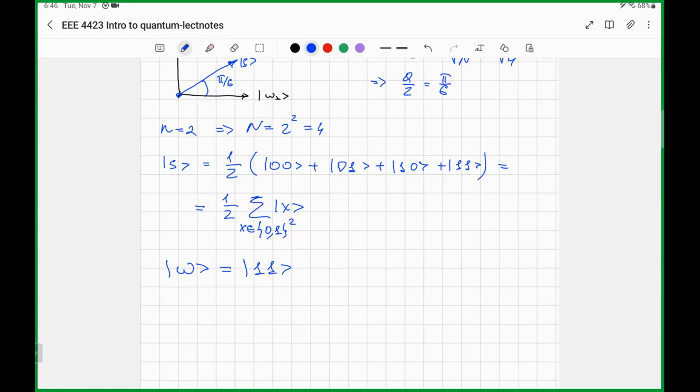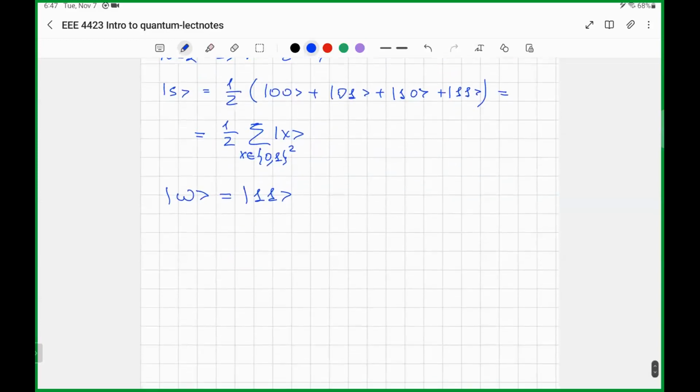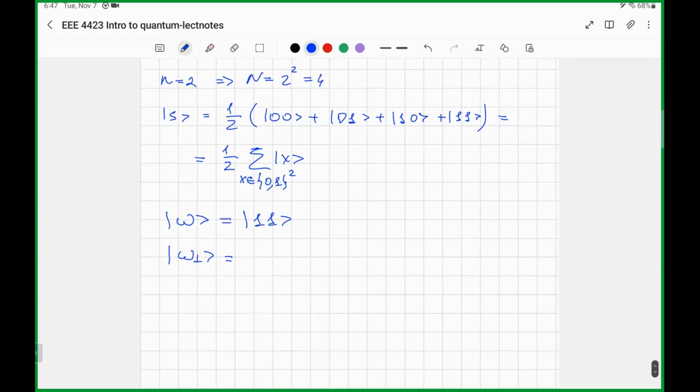So it's a classical example of searching for the state 11. That means that the state omega orthogonal is vector s minus vector omega, with the right normalization factor.